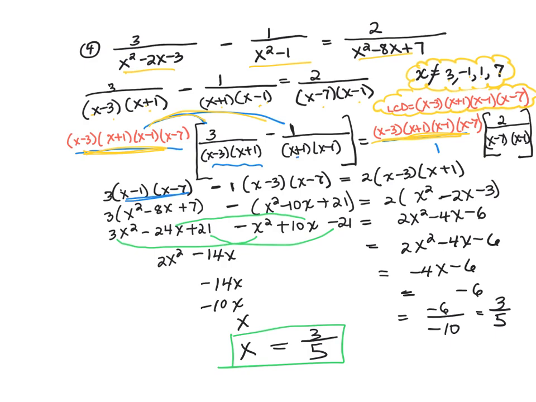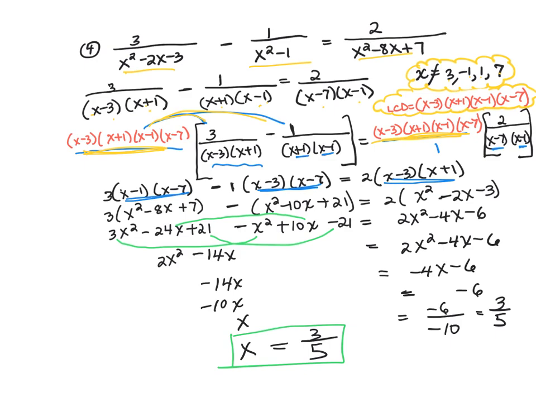In the second one, these divide through, so we're left with these 2 factors. And in the last one, the x minus 7 and x minus 1 divide through, so we're left with these 2 factors. And here we have no choice, but we have to multiply the binomials out and distribute and put them together. So after doing all that, we get x is 3/5.